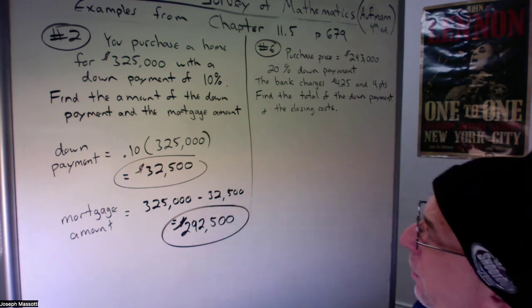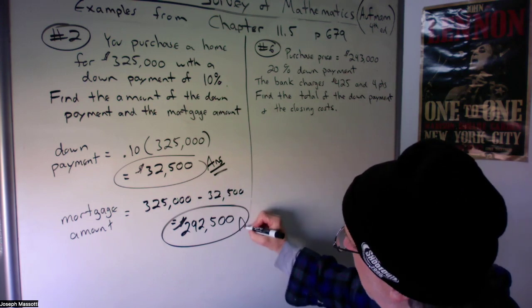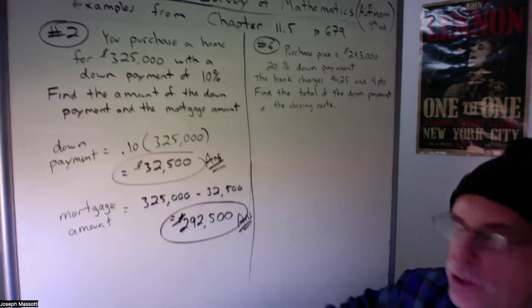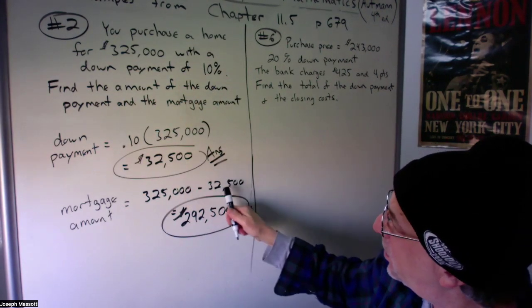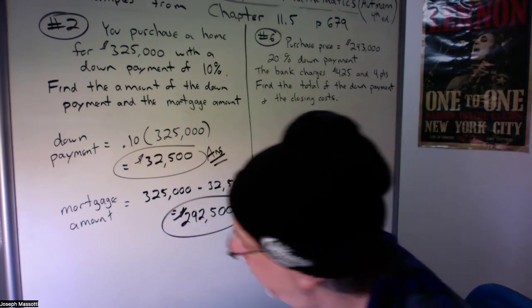Right, so that's the remaining mortgage amount, and that's the down payment. We're asked to find the down payment and the remaining mortgage amount. Right, so you just take 10% of the purchase price, that's the down payment, subtract that from the purchase price, that's going to be your mortgage amount.